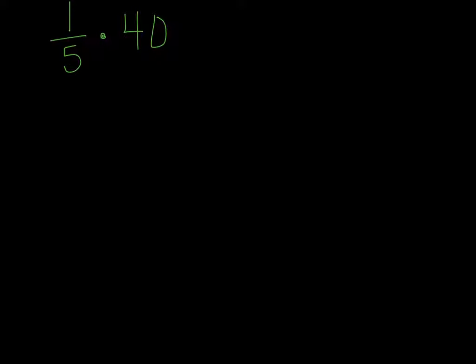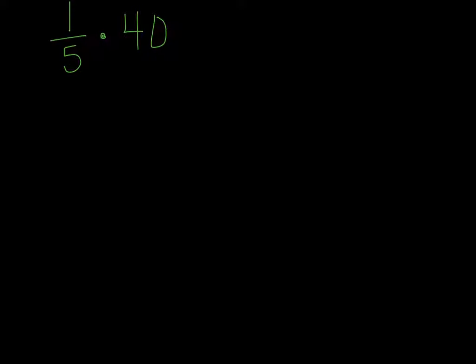When we multiply 1/5 times 40, we're finding 1/5 of 40. So 1/5 is only a part of 40. And that is the truth anytime we are multiplying a unit fraction times a whole number. The product that we get will be greater than the fraction, but less than the whole number.